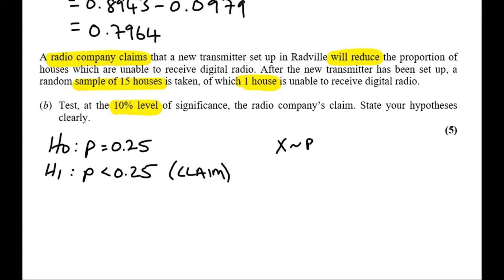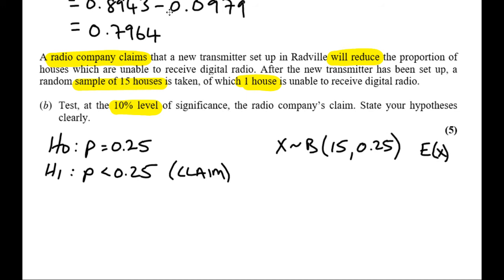Also, right off the bat, we want to state the distribution that we're working with. So I'm going for a binomial where n equals 15. We're assuming that the probability is 0.25. And we like to find the expectation from here.